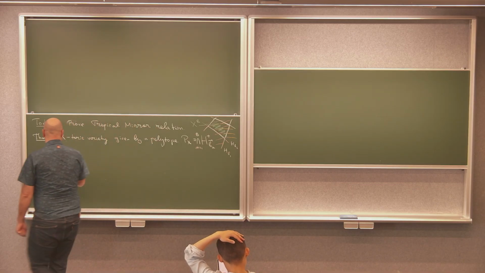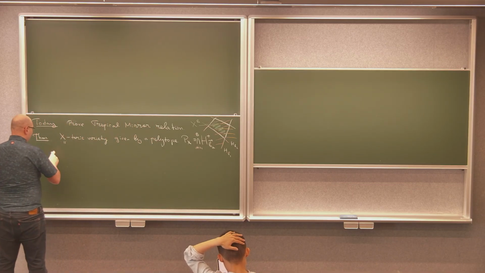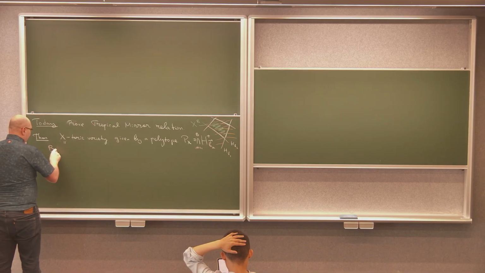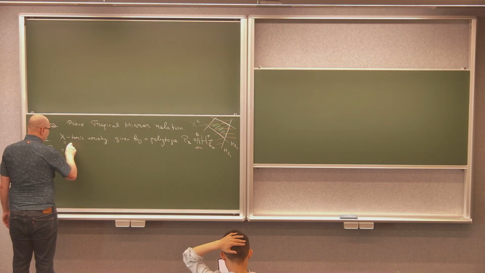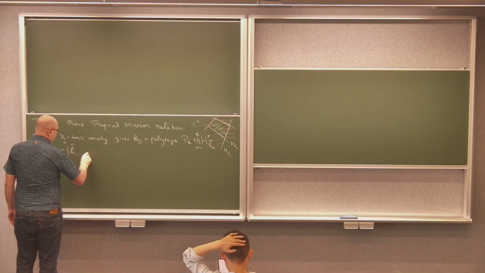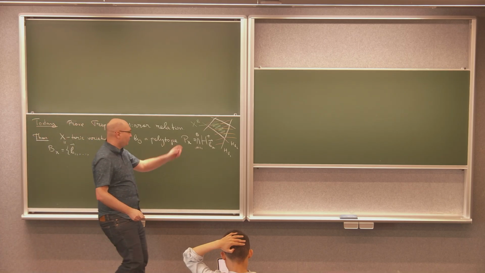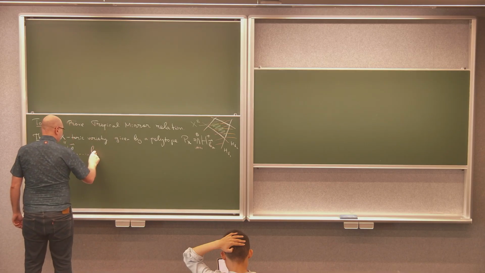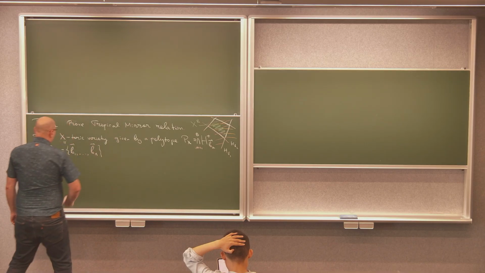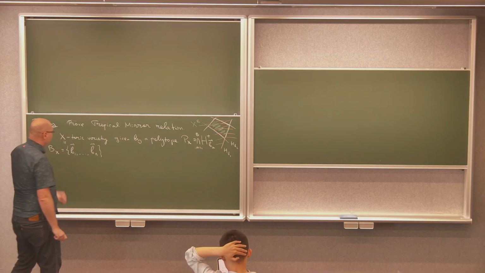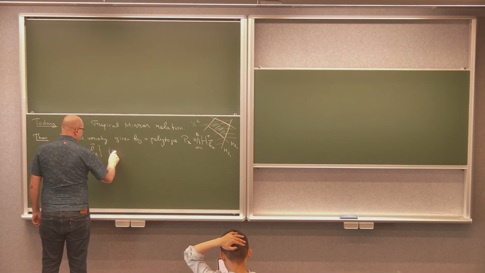The toric variety is equal to this data, we call it D_X, which is a collection of these primitive integer vectors, which are normal vectors to these hyperplanes. So that is our combinatorial data.